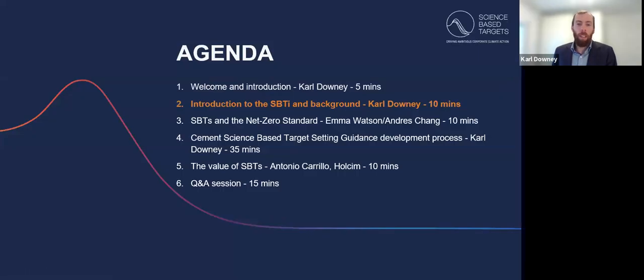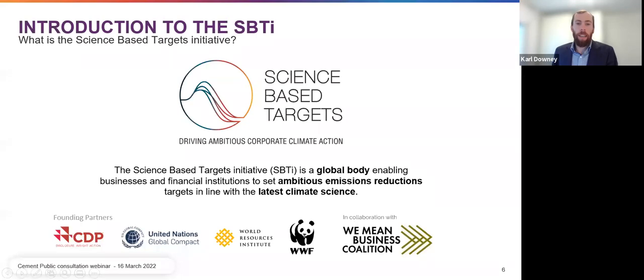So now to start off the agenda, I'm going to give some background on the Science-Based Targets Initiative and on the cement project specifically. So the Science-Based Targets Initiative, or the SBTi, is a collaboration between four organizations: CDP, the UN Global Compact, WRI, and WWF.